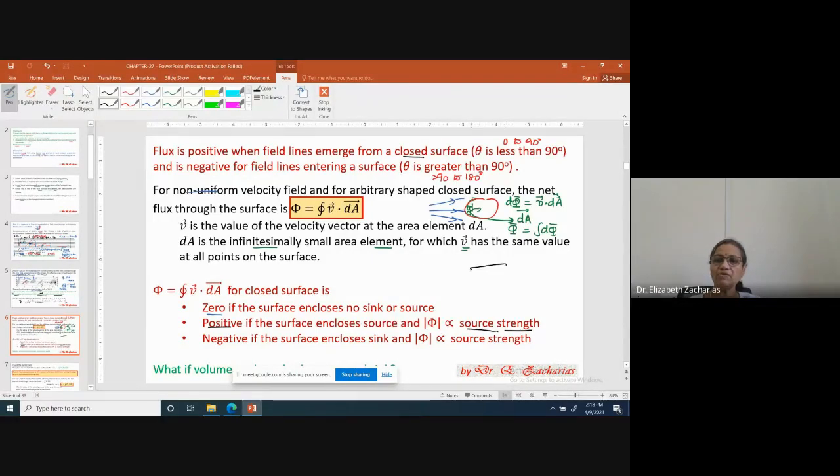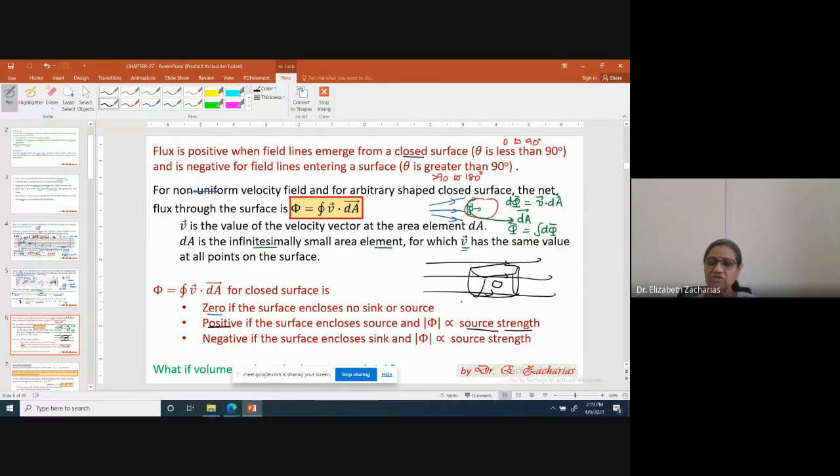Now let us look at another example. Let us see what happens if I have a closed surface like this. Fluid is going to enter and fluid is going to come out. But let us say there is some kind of a sponge here that is capable of gulping water. Then what does the sponge become?